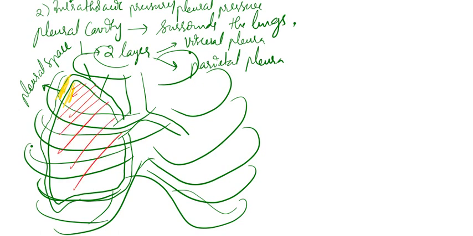Now the ribs are applying pressure on this layer, and the lung is applying pressure on this layer. So the ribs apply pressure like this, and the lungs apply pressure like this. These are two layers.